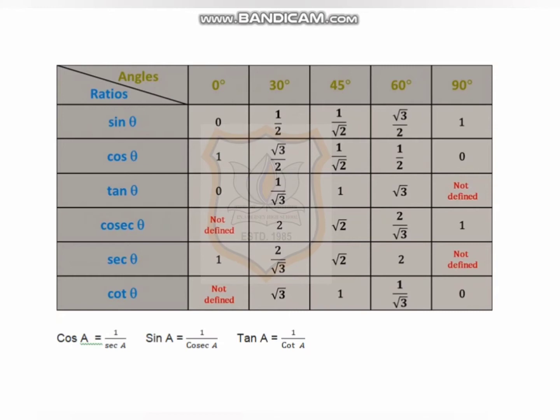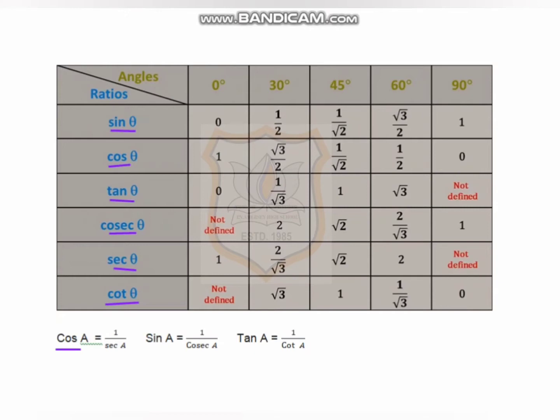I will tell you the simple trick to learn this table or to remember the values. First of all, we know that there are six ratios: sine theta, cos theta, tan theta, cosec theta, sec theta and cot theta. Before starting, we have a few relations that we have to remember.